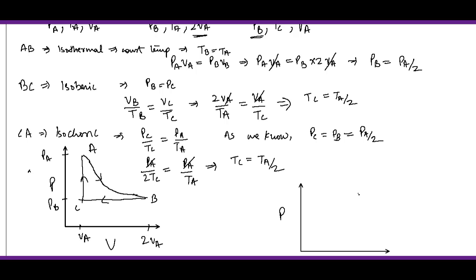A to B is isothermal, that means temperature is constant, and B to C is isobaric, that means pressure is constant, and then it will be isochoric, like this. So here it will be A, B and C, A to B, B to C, C to A. So we can see that this is cyclic.